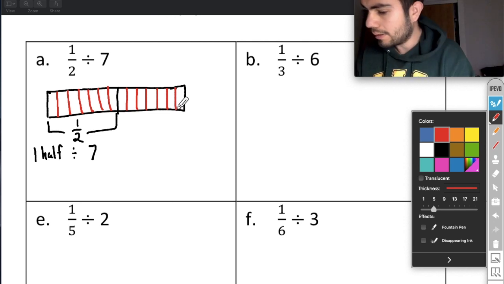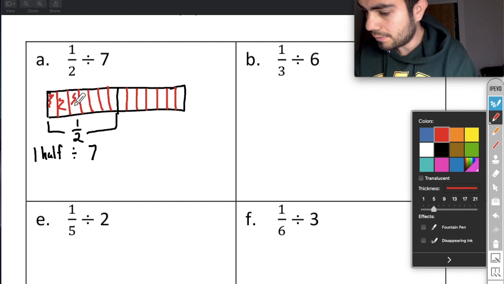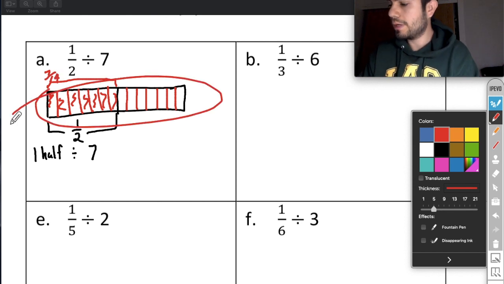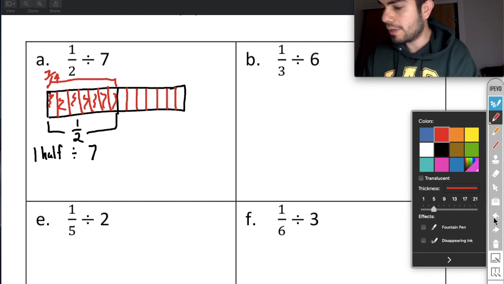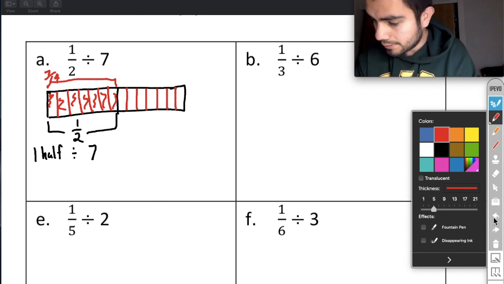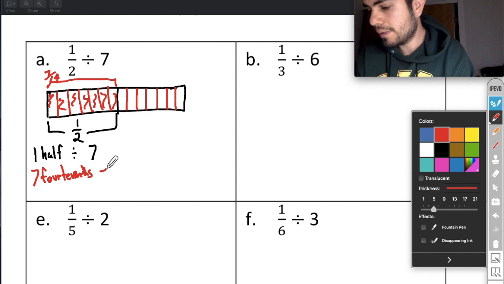So here in total, we have 7 out of 14 total. Okay, the total amount of units that we have now are 14. So that means that this turned into 7/14 divided by 7.